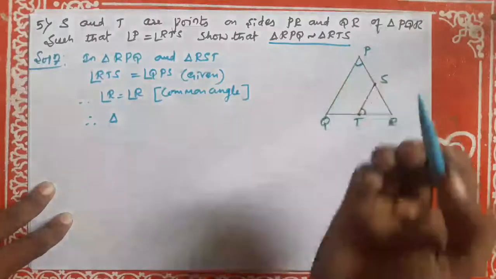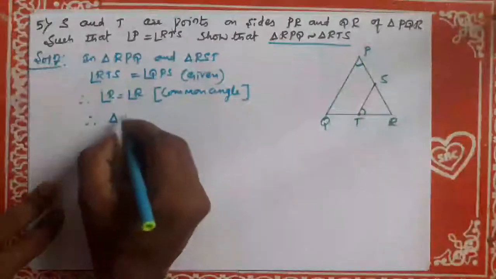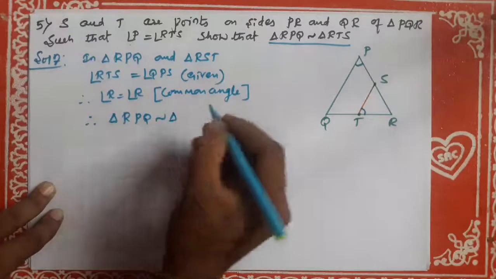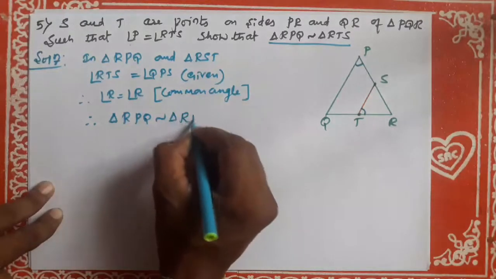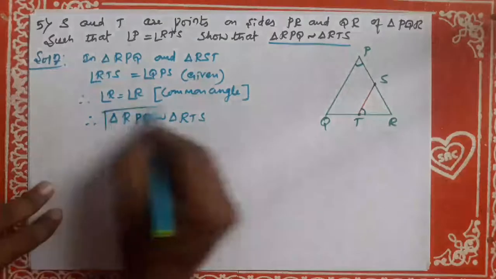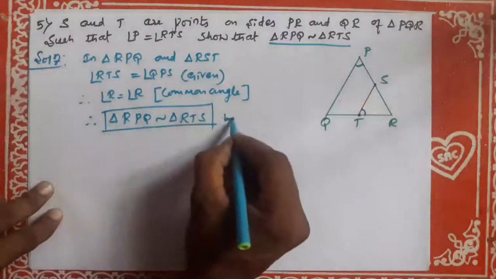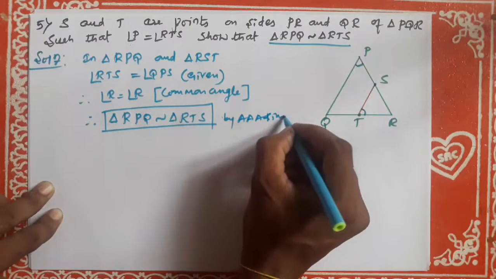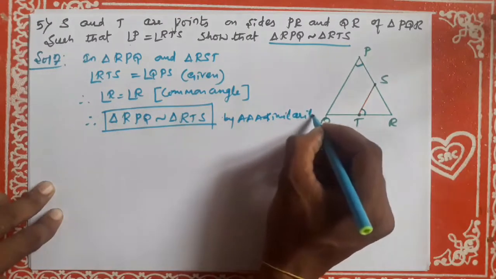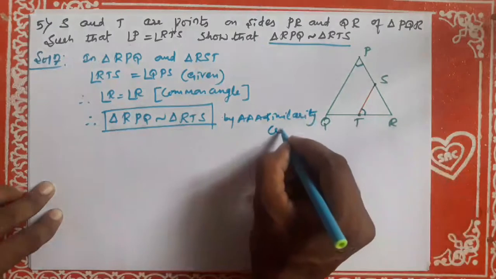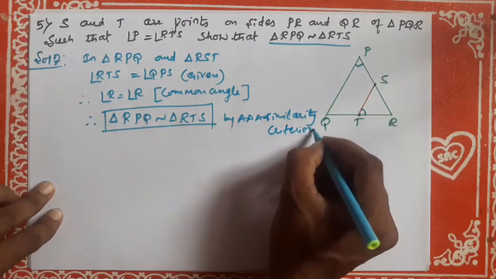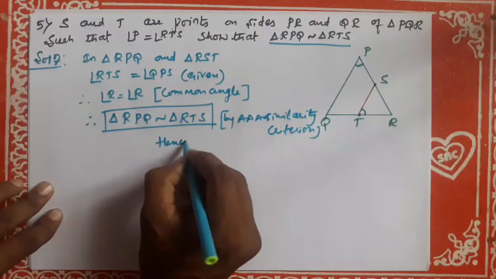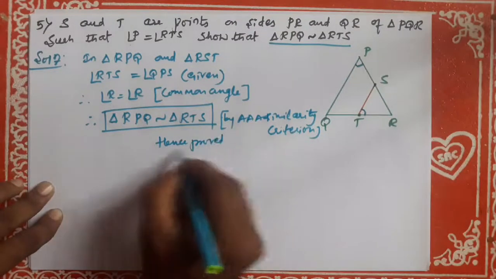Therefore, triangle RPQ is similar to triangle RTS by angle similarity criterion. Okay, hence proved. This is the answer.